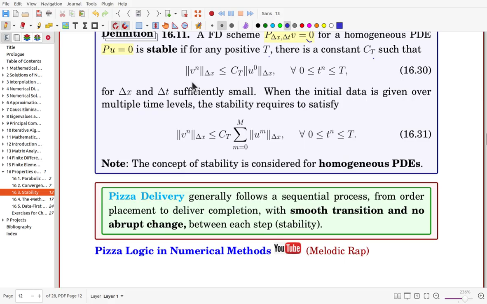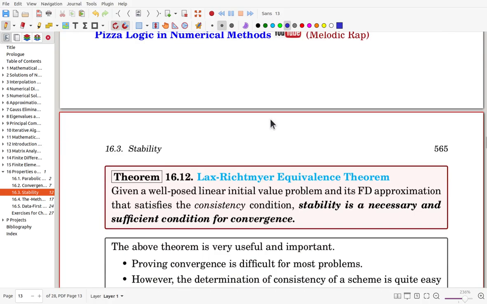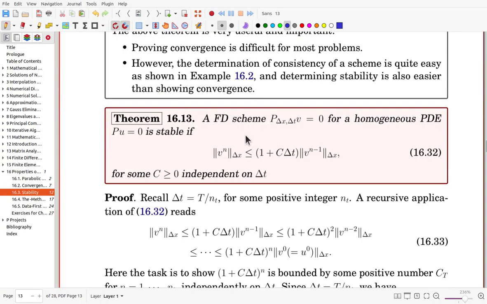To show this inequality, here we have another theorem, so that once this theorem is satisfied, then we can say that the scheme is stable.